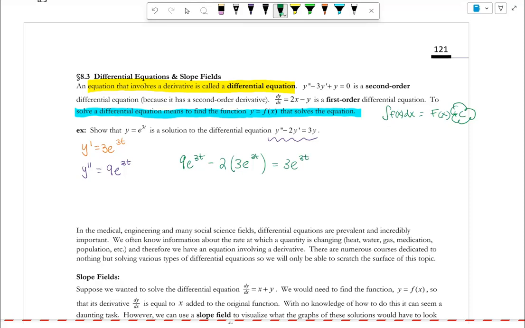If we're ever asked to show mathematically that something's a solution or prove that something is a solution, we really need to get to a place where our left and right sides of the equation are the same. When we simplify that left-hand side, we can see that it matches the right-hand side. So we have shown that y equals e to the 3t is a solution to that second order differential equation we were given.